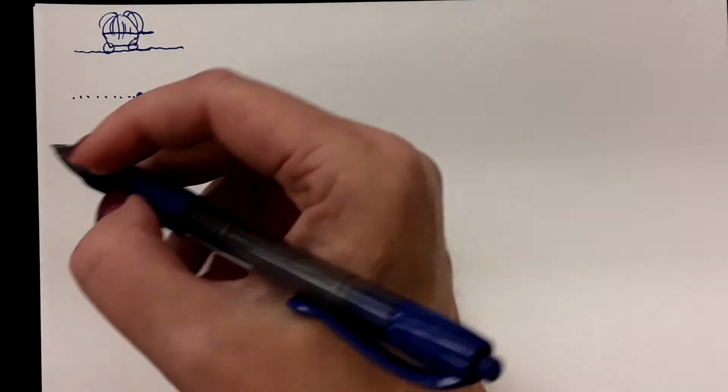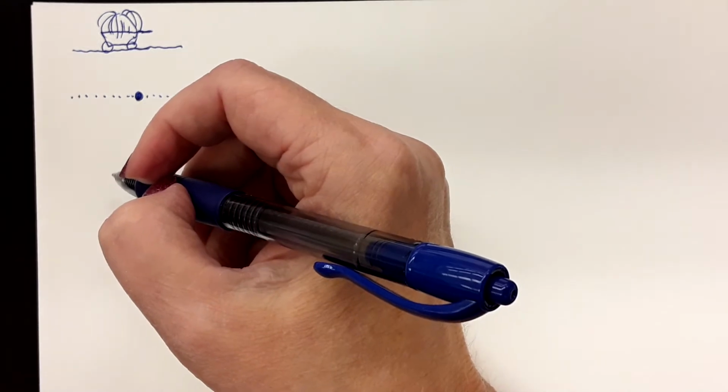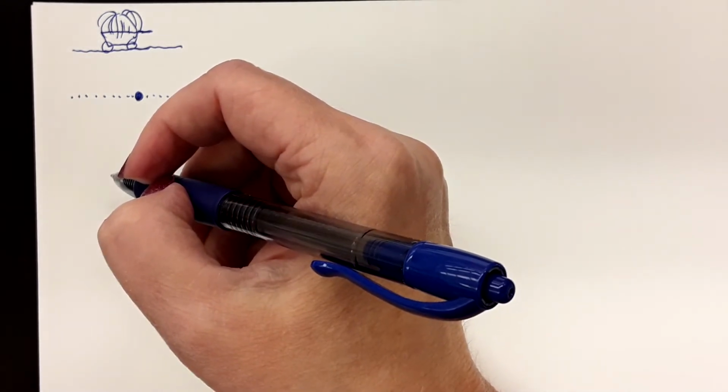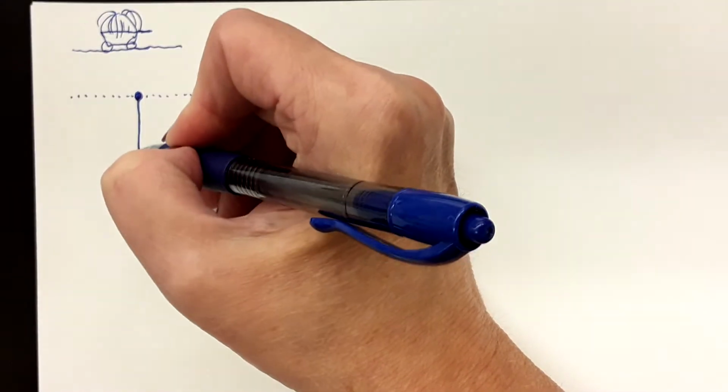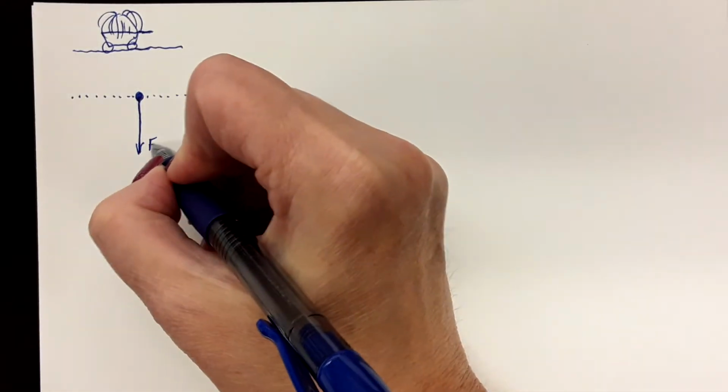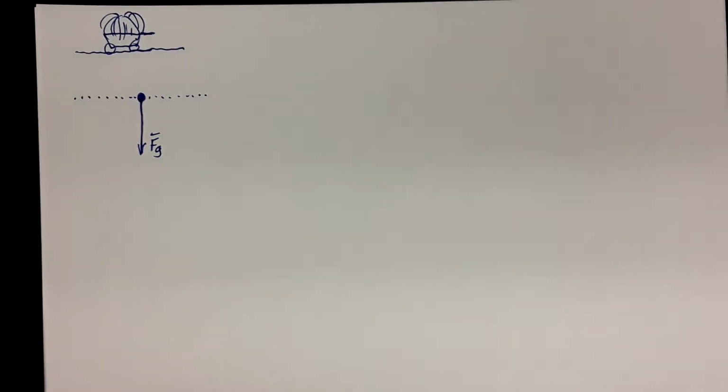First off, we know one thing that always acts on any object that's on Earth is gravity from the Earth, pulling down, straight down to the bottom of your paper every time. It never points at an angle somewhere else. It always points straight down to the bottom of the page, just like this. And then we label it the gravity.